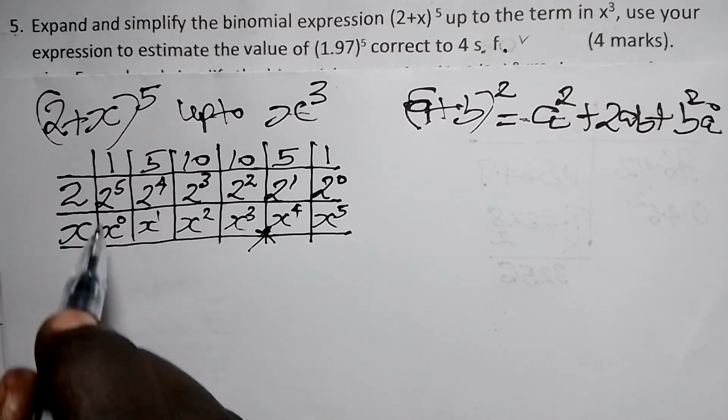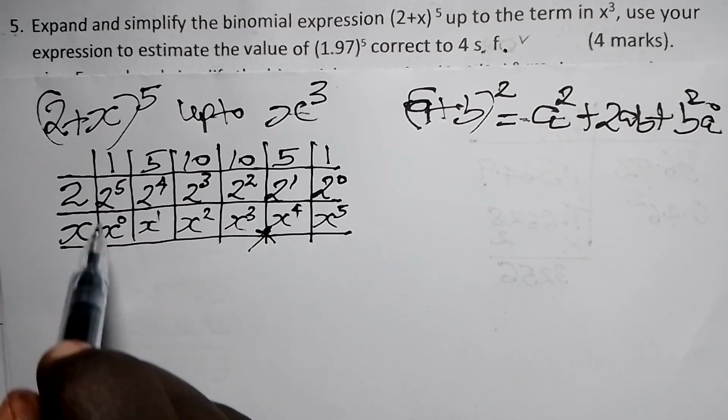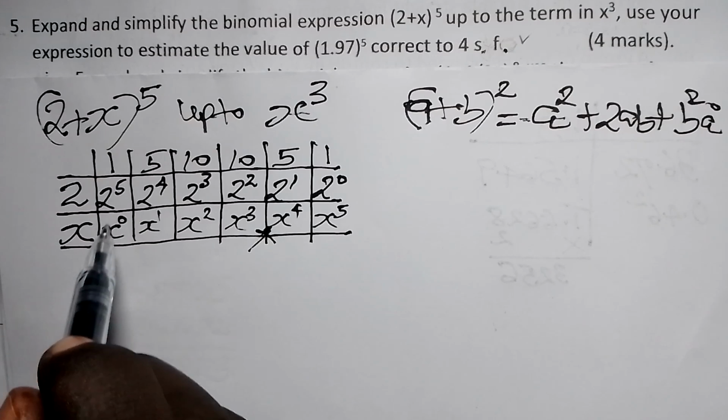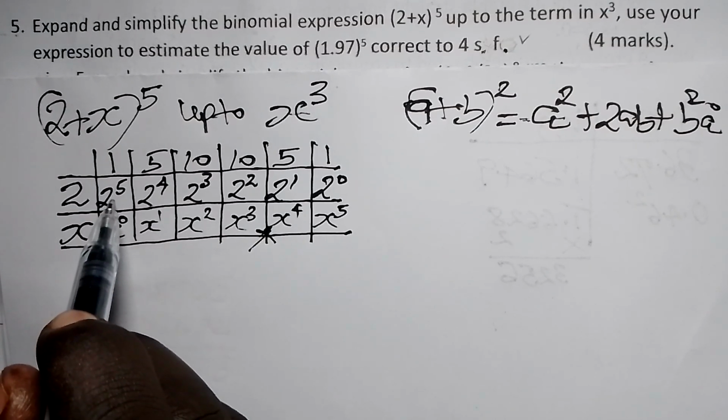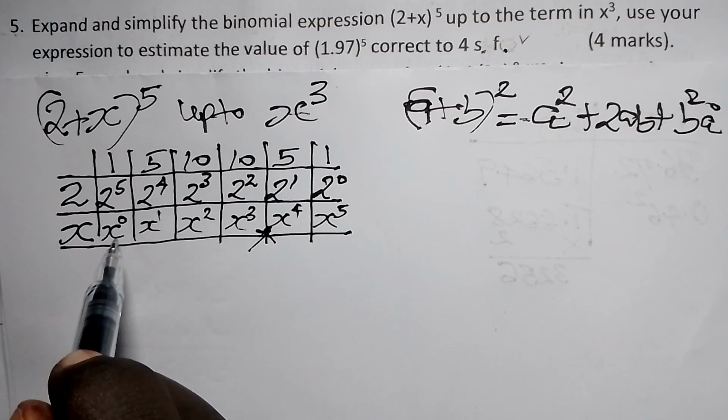Our first term will be given by the product of 1 times 2 raised to power 5 times x raised to power 0.